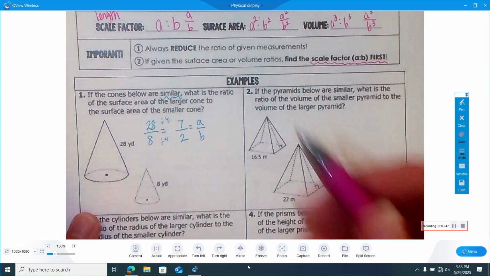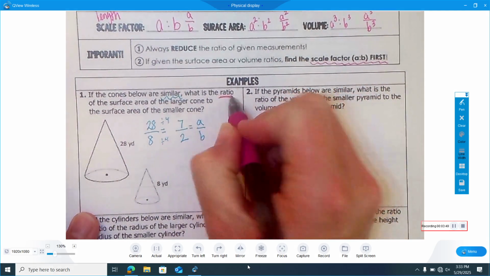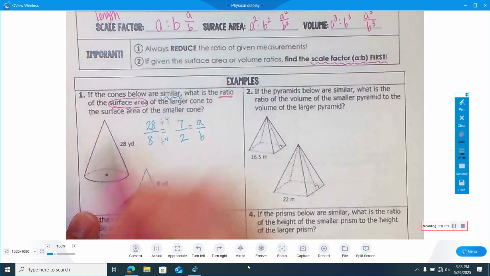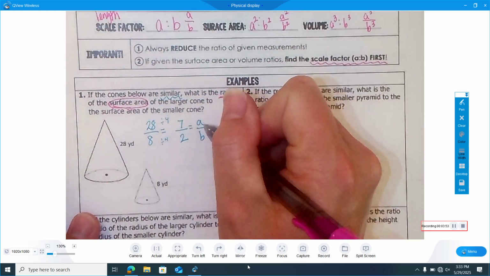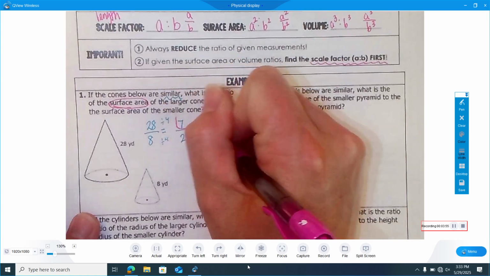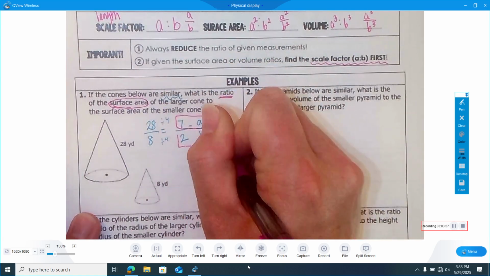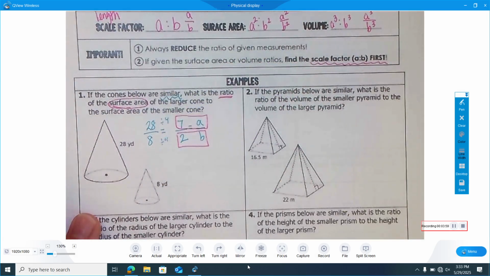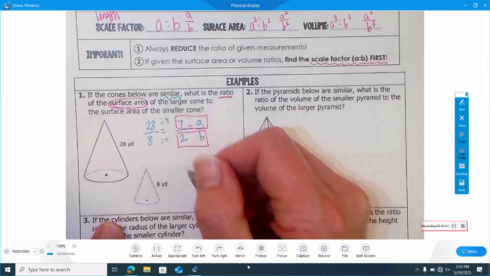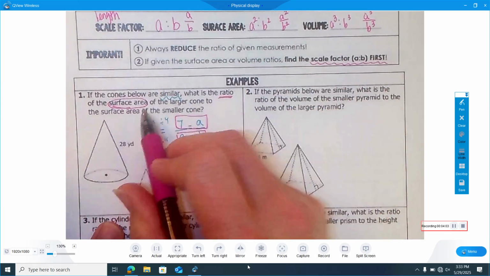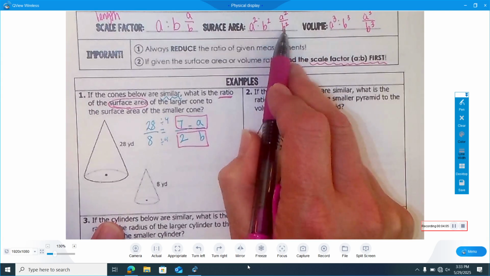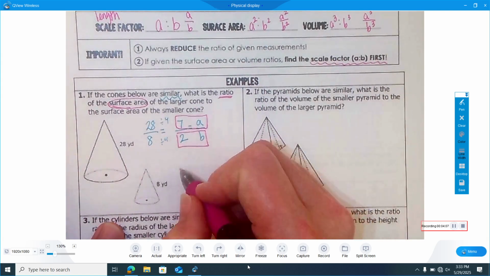So what it's asking for, it wants the ratio of surface areas. So now that we have our A is equal to 7 and B is equal to 2, I can find the ratio of the surface areas because I just need to use the surface area ratio, which just squares those units.